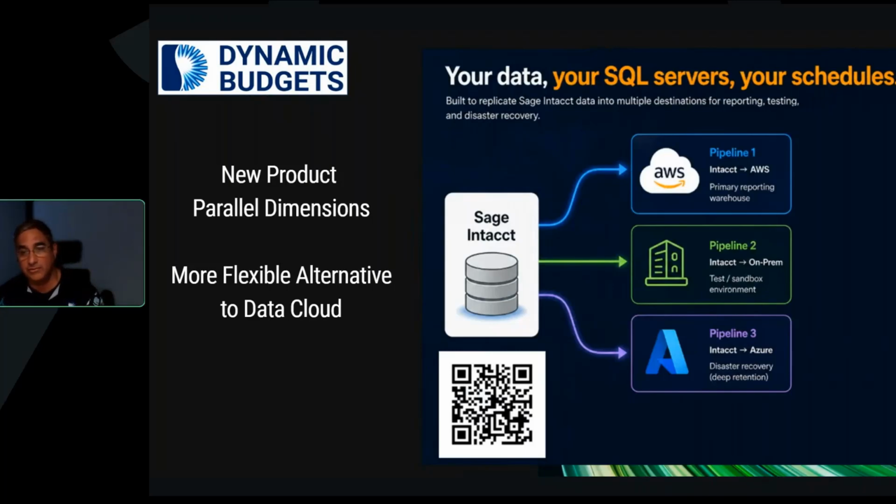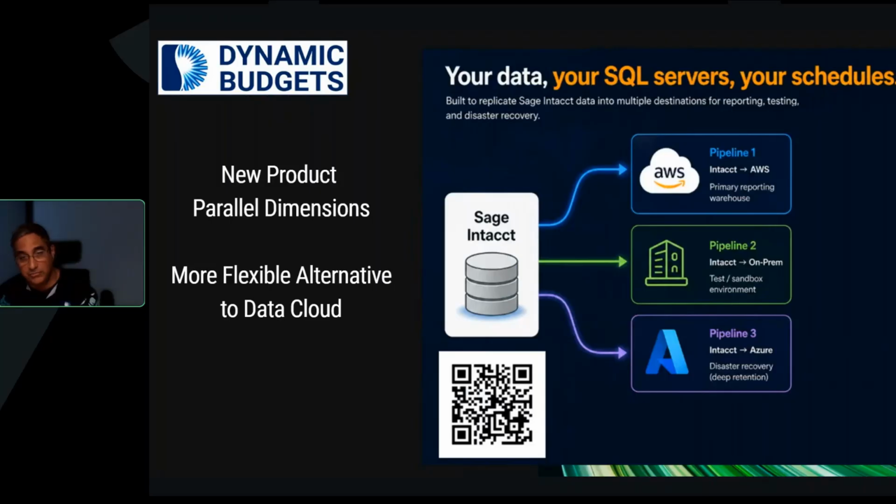But for the rest of us who want to get involved in more advanced reporting, want to get our data out and replicated from Intacct, or might be concerned about disaster recovery and having a backup copy of our data off-site, we're launching a product called Parallel Dimensions.